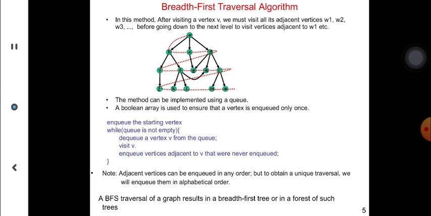The method can be implemented using a queue. Why? Because I keep the adjacent vertices in the queue, take each one, and then go across the vertices adjacent to it. A Boolean array is used to ensure that a vertex is visited only once.